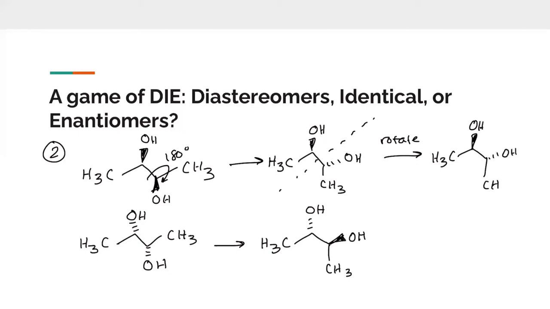Try to see if you can visualize this in your head. If this OH group was originally pointing out of the page, if you rotate 180 degrees around this axis, it'll just go into the page now and become a dash. And hopefully you will be able to convince yourself that these two molecules are indeed mirror images of each other and thus are enantiomers.